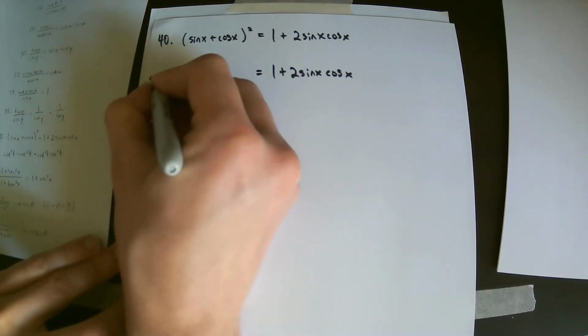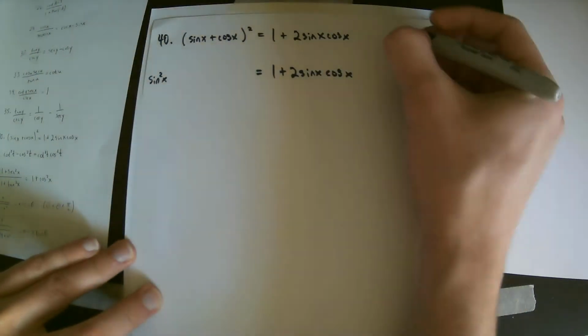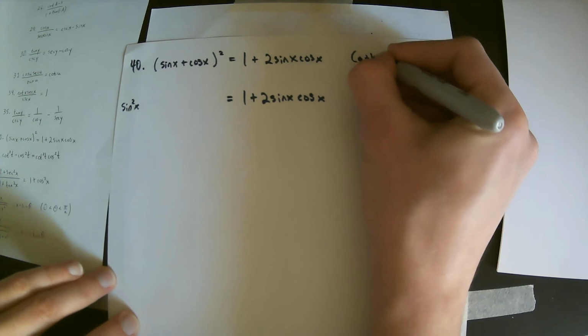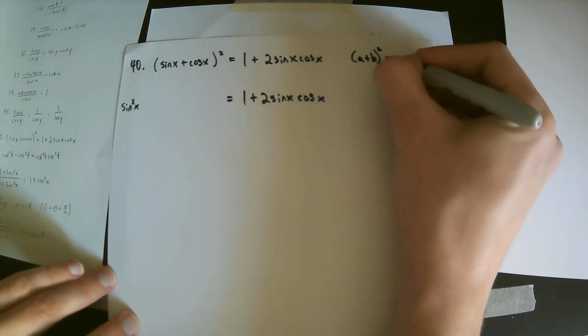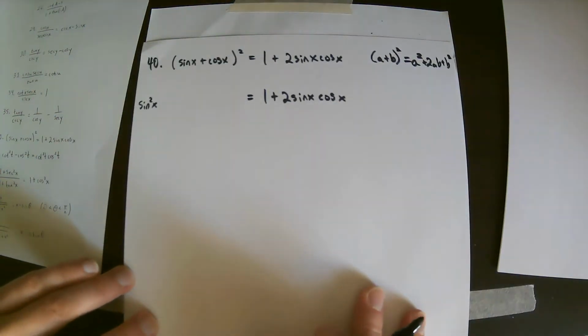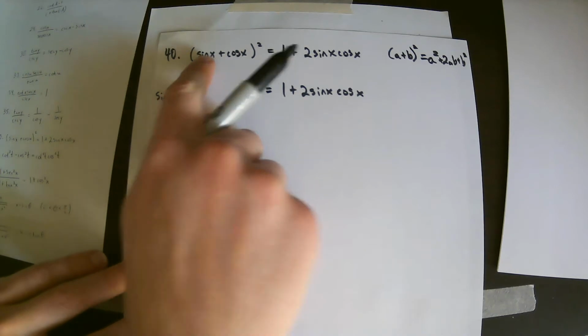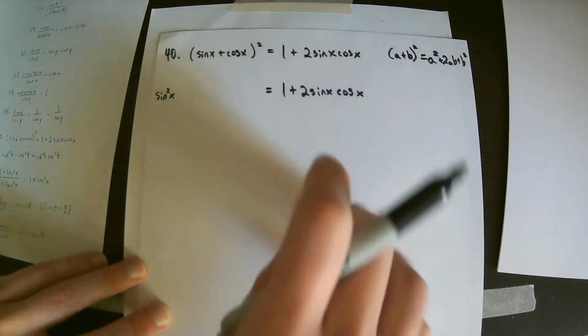I'm going to get sine squared of x plus, like the identity a plus b all squared is equal to a squared plus 2ab plus b squared from 112. It's going to be the same thing here, except sine is playing the role of a and cosine is playing the role of b.